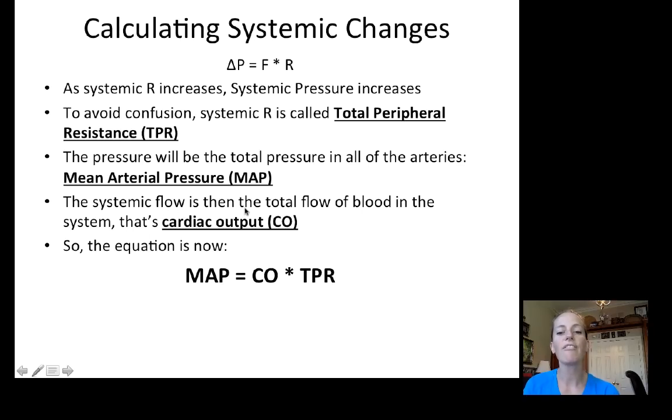So the systemic flow will be the total cardiac output, and the total pressure will be the mean arterial pressure. So now the equation to memorize is mean arterial pressure, or blood pressure in the body, is equal to cardiac output times total peripheral resistance.